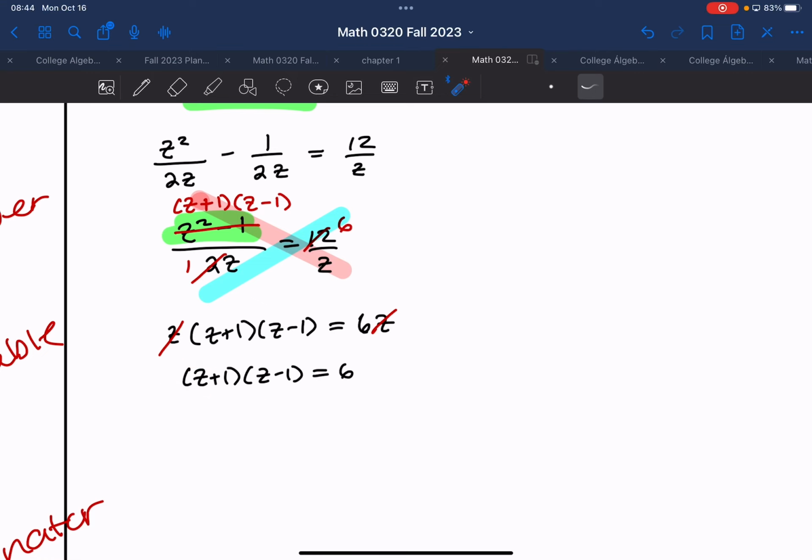Z squared minus 1. So I'm going to take this and say this is z squared minus 1 equals 6. I have to have it equal to 0. So what am I going to do with that 6? Good. So I'm going to subtract the 6. So I have z squared minus 7 is equal to 0.